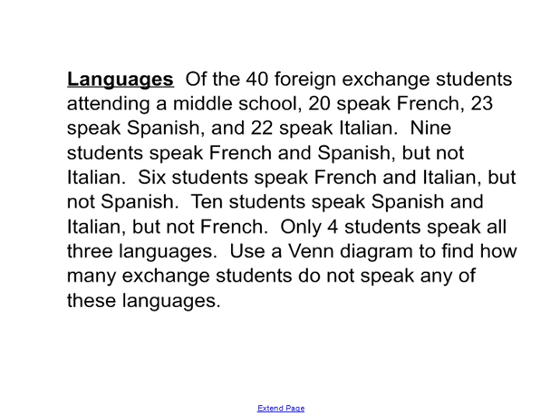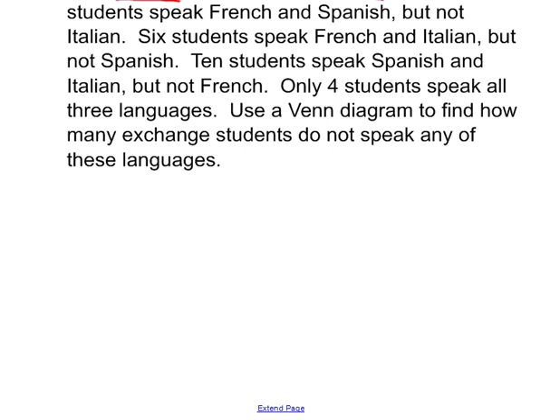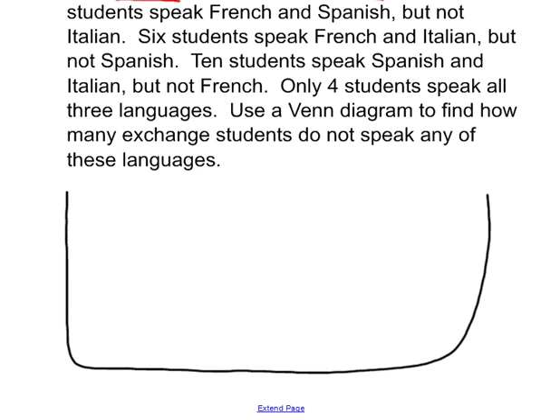If we look at this one, we have 40 foreign exchange students total. 20 speak French, 23 speak Spanish, and 22 speak Italian. So let's draw an area here, and we'll say that this area represents all 40 of the foreign exchange students.